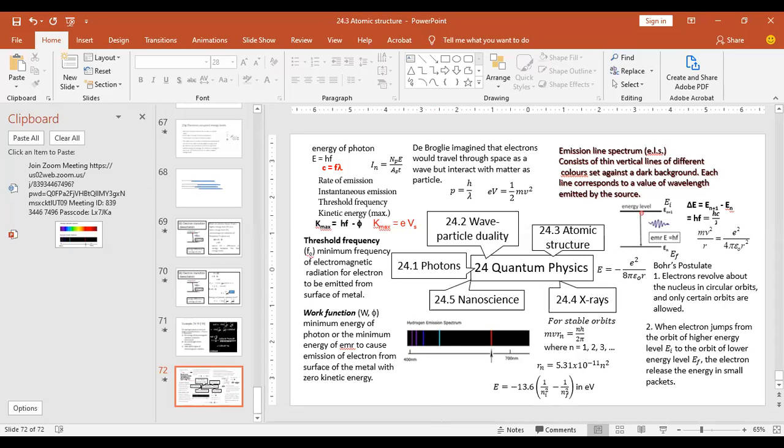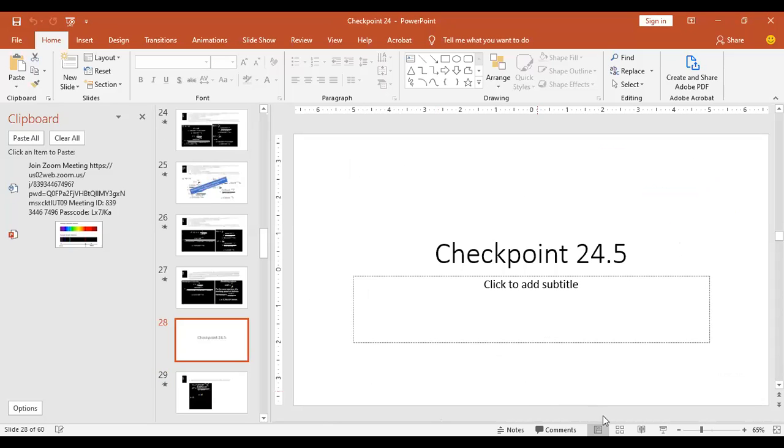24.5. Try the question. Which state in the hydrogen atom corresponds to a radius of 0.8496?